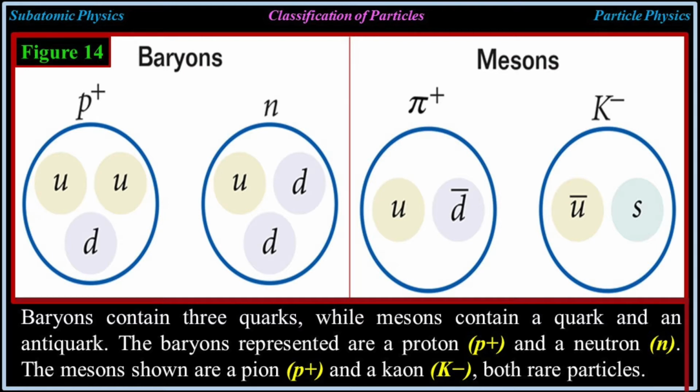Baryons contain 3 quarks, while mesons contain a quark and an antiquark. The baryons represented are a proton and a neutron. The mesons shown are a pion and a kaon, both rare particles.